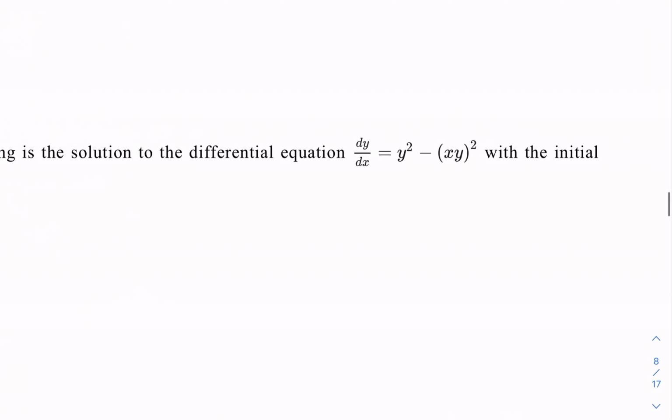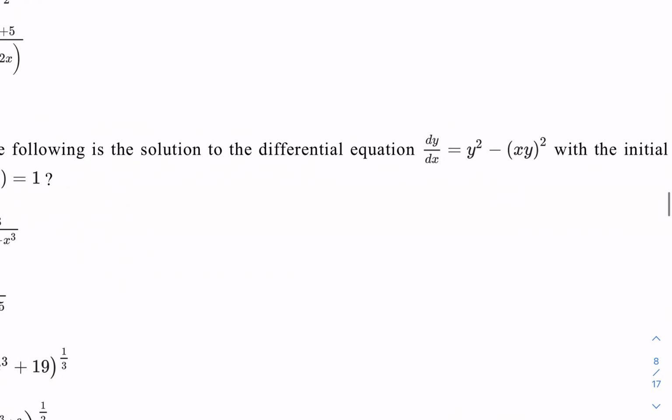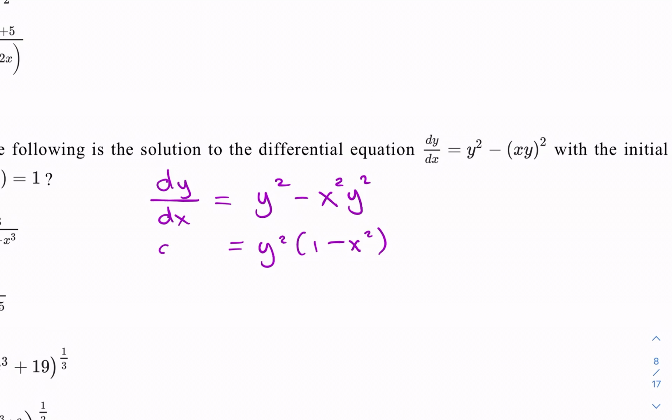We're going to rewrite this as dy/dx is equal to y squared minus x squared y squared. And I'm going to factor out a y squared so that I can actually separate the variables.